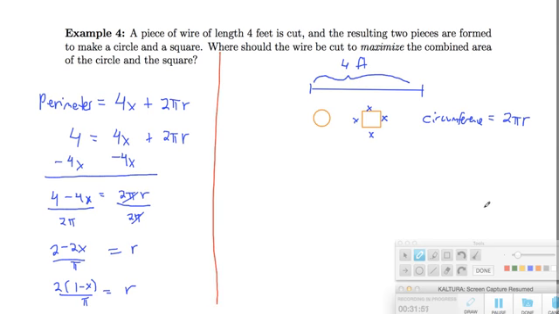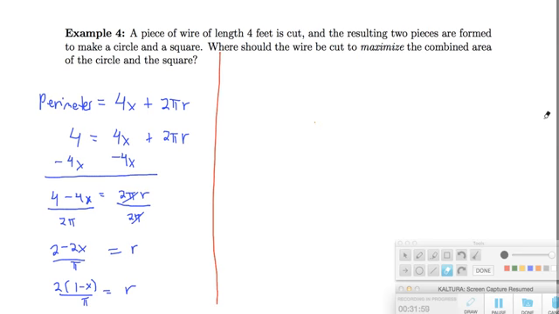So let's get down to the maximization part. So the area, and remember we are wanting to maximize the area, it says that in the problem. Now the area is what you get when you take the area of the square and combine it with the area of the circle.